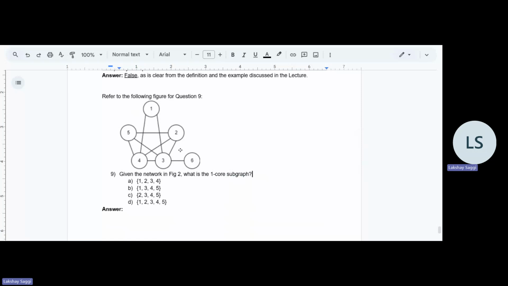Suppose we are given this graph, and now we have to find, in this given network, the one-core subgraph. So how do you define a core? In a k-core, to find the one-core, we just keep on removing vertices of low degree. Maybe I should not have options for this, otherwise it just causes more confusion.